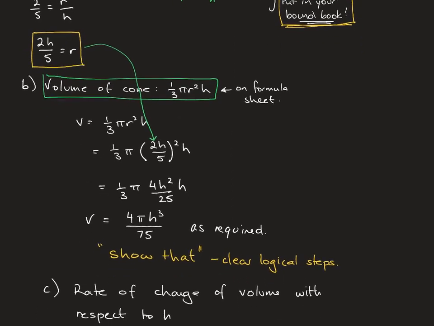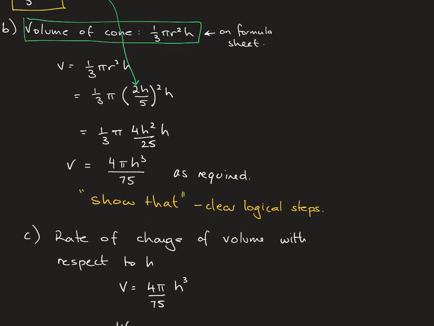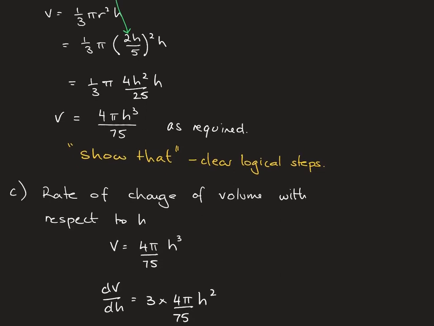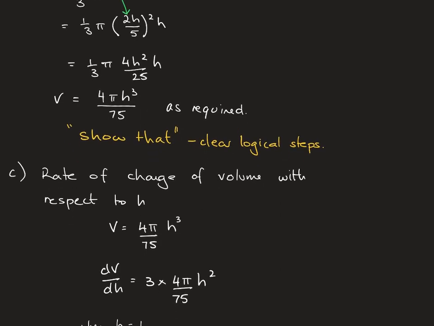Show that clear working. Right, part C, the rate of change of the volume with respect to the height. So we have our volume formula. Now you can see why they gave us the volume formula, because now we can, even if we couldn't figure this out before, we've got a volume formula to work with.